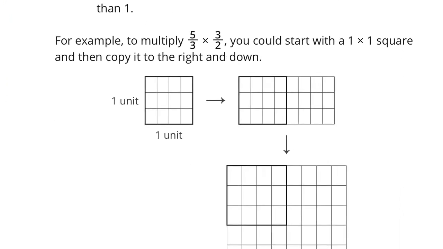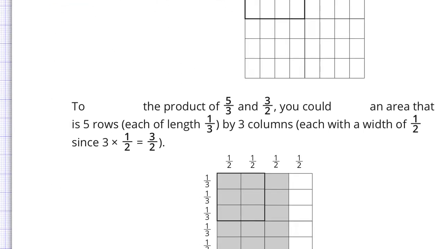Using an area model works even if the fractions being multiplied are greater than 1. For example, to multiply 5/3 by 3/2, you could start with a 1 by 1 square unit, then copy it to the right and down. So here they've now got 2 units, and when you get down to here, they've got 4 units total.